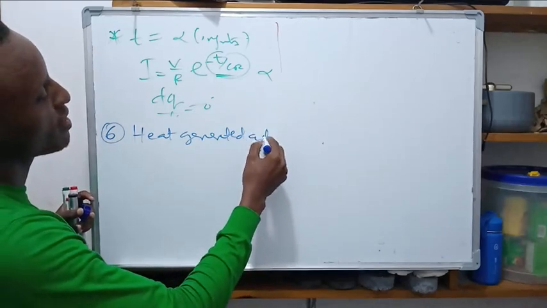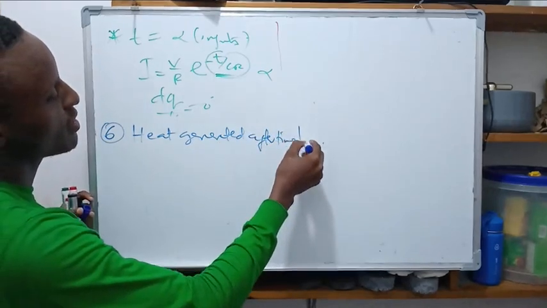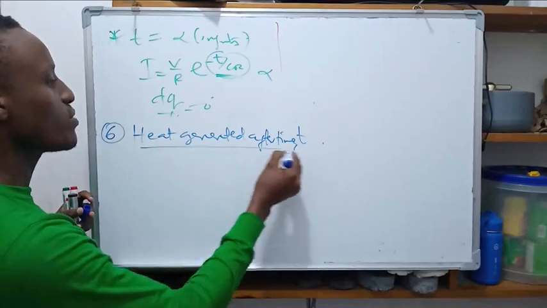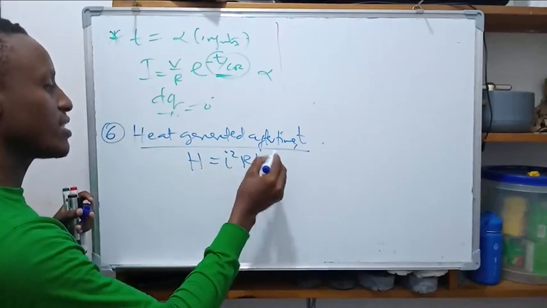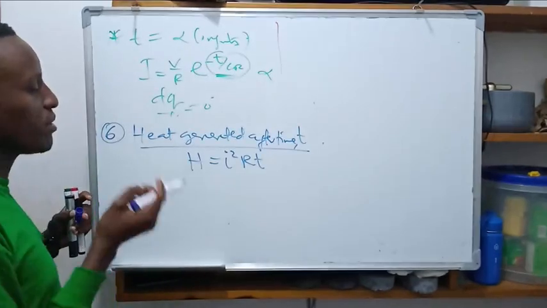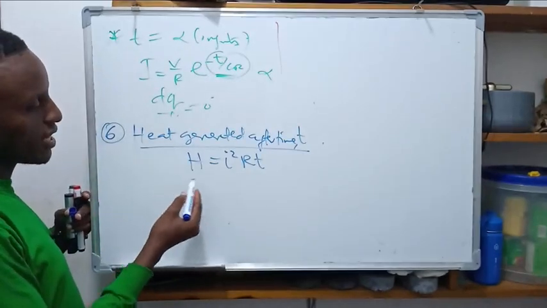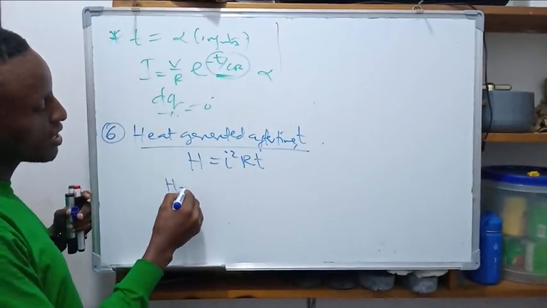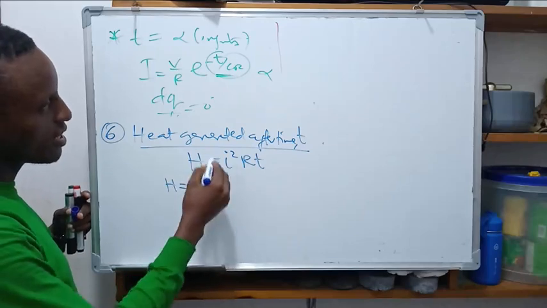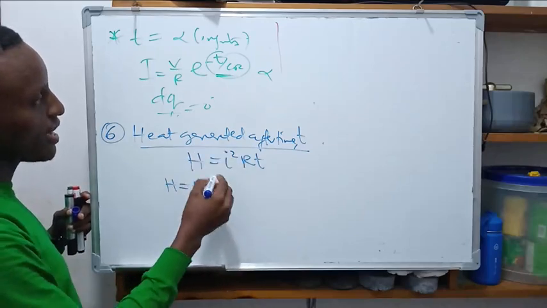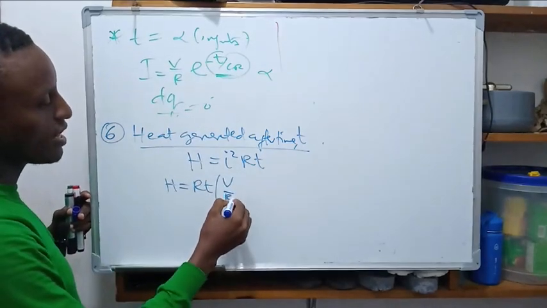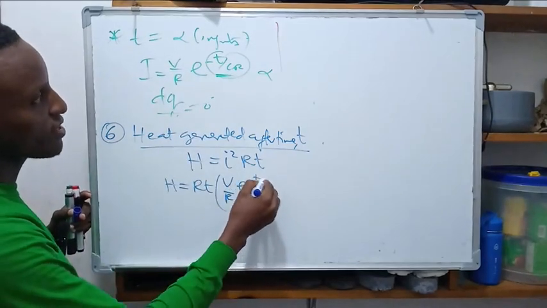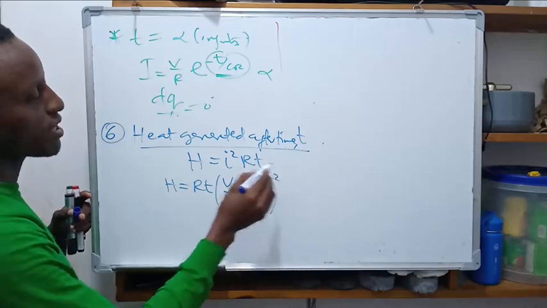After time T, what happens here is we say heat is just equal to I squared R T. Speaking about that, who is I? I is V over R times e to the negative t over CR, and that is squared.